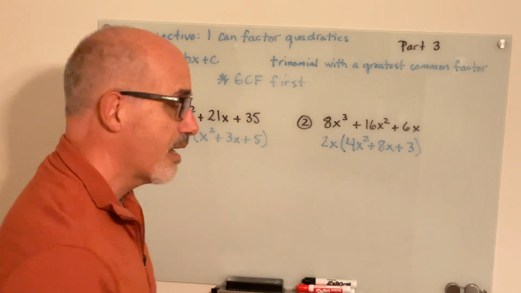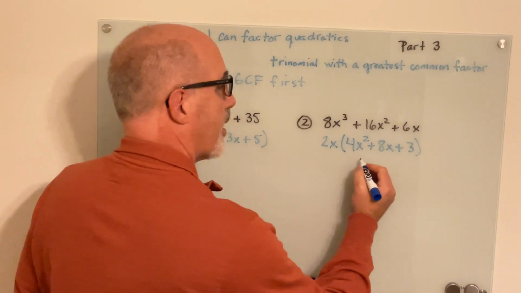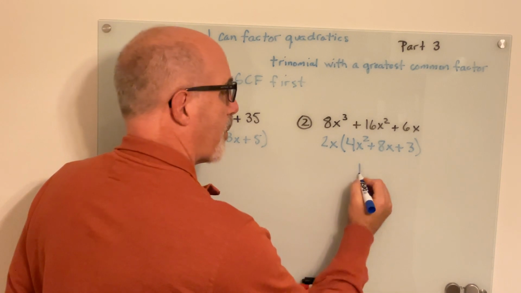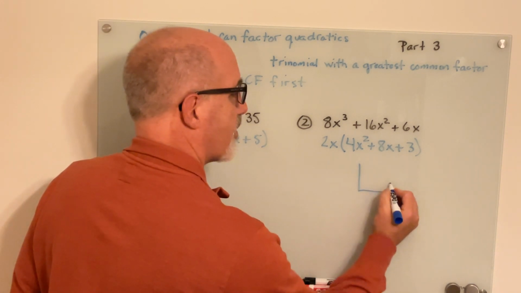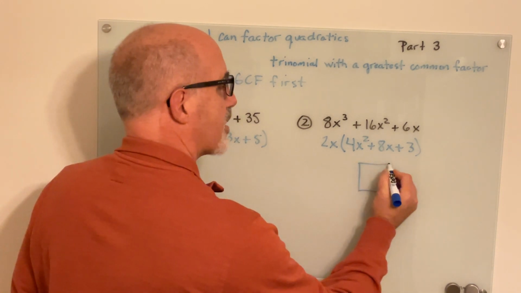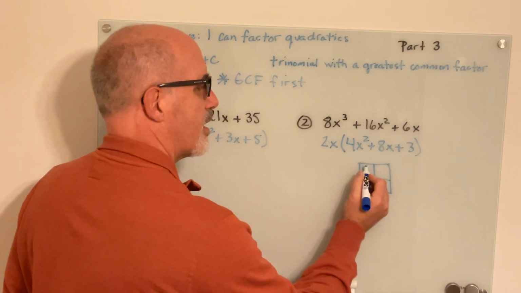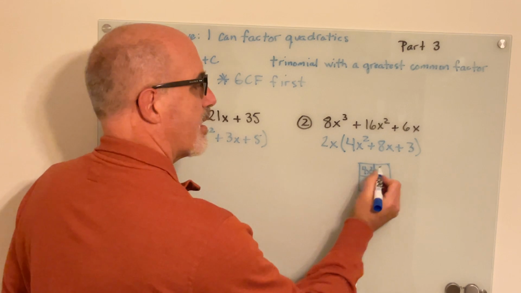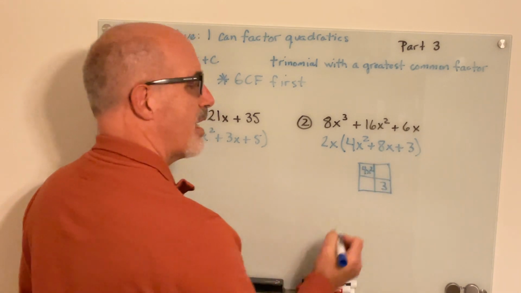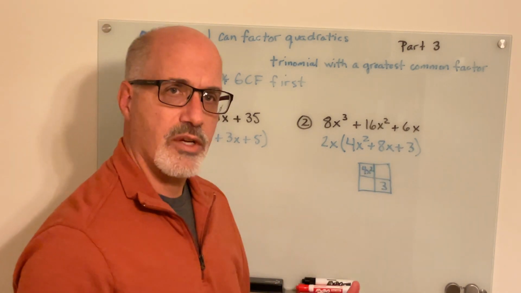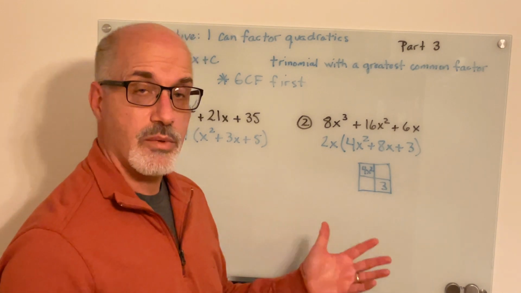I'll use my technique of, in this case, I'm going to form a box. The box method is different than the x method, where for the box method, you put the 4x squared in here, and you put the 3 down here, and then you're just trying, using organized trial and error, to see which one works.